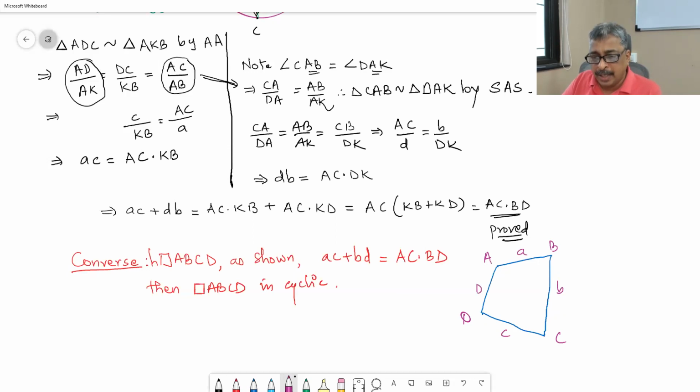It is given that AB into CD plus BC into AD is equal to AC into BD. The converse relationship is true. Prove the converse.